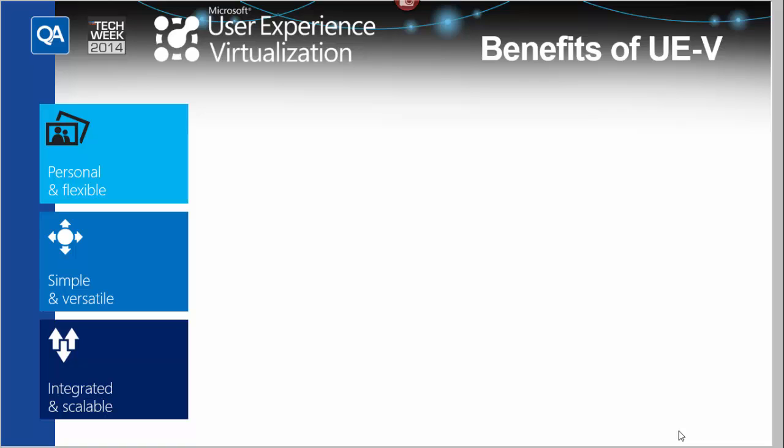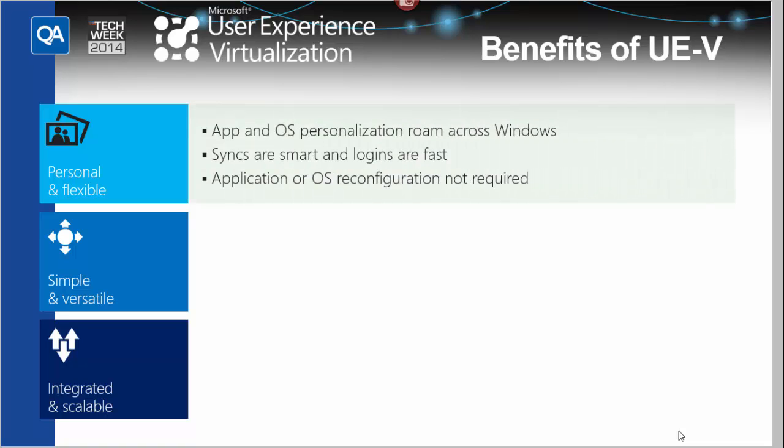Well, first of all, Microsoft have designed UEV to be both personal and flexible. One of the primary goals for UEV was to make sure the synchronizations are smarter and do not impede the speed of our logons while waiting around for large volumes of data to synchronize down to the clients.